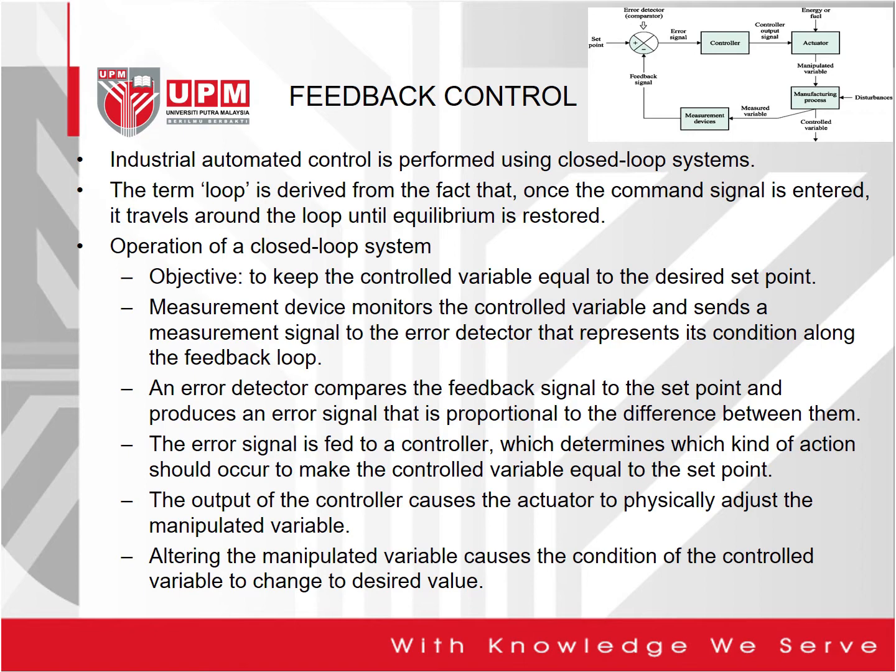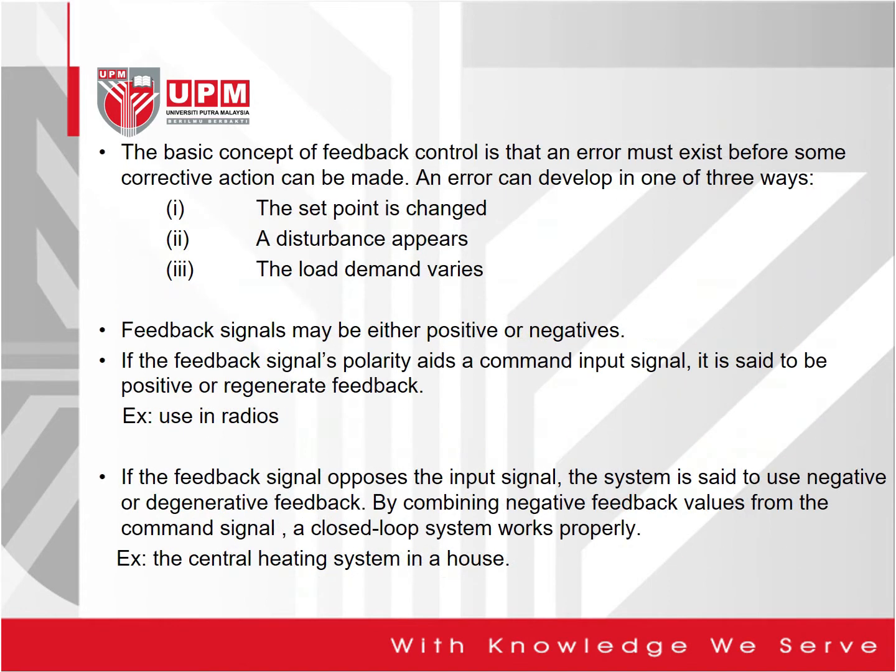Altering the manipulated variable causes the condition of the control variable to change to the desired value. The basic concept of feedback control is that an error must exist before some corrective action can be made. An error can develop in one of three ways.